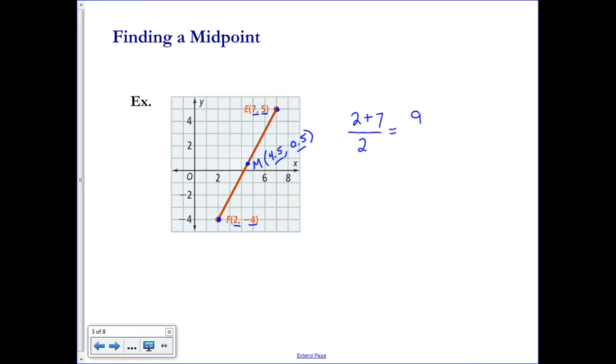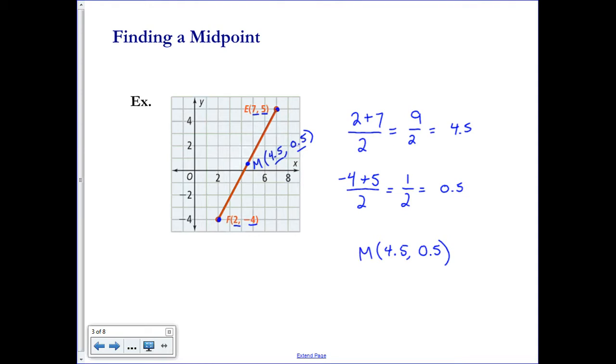So 2 plus 7 is 9, and 9 divided by 2 is 4.5. And then same thing for the y values. Add the two y values together, and then divide them by 2. And once you figured out the average of the x's and the average of the y's, put them together, and you have the midpoint M.